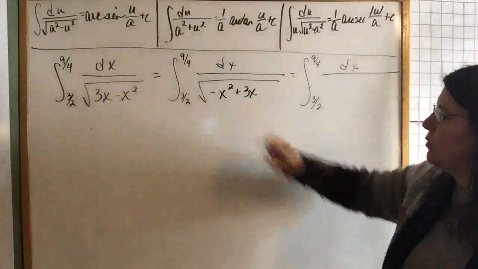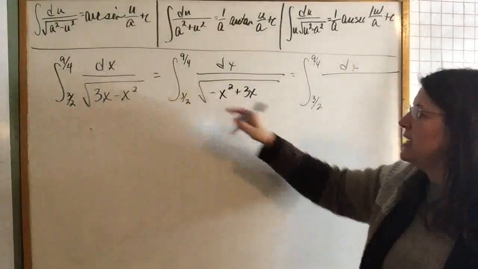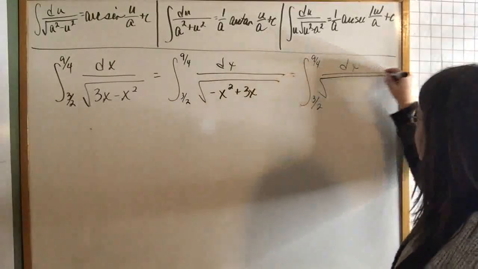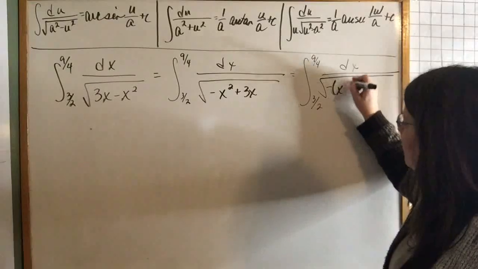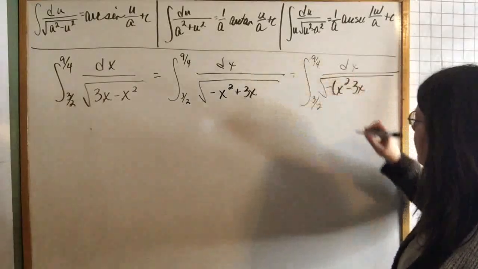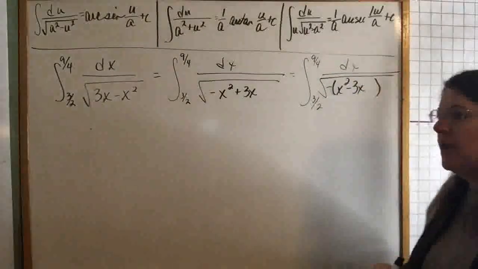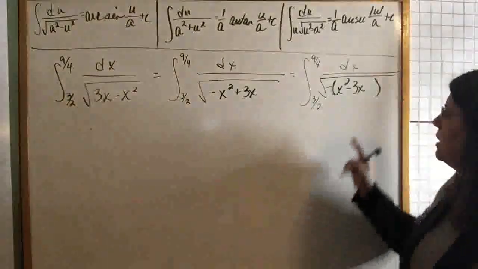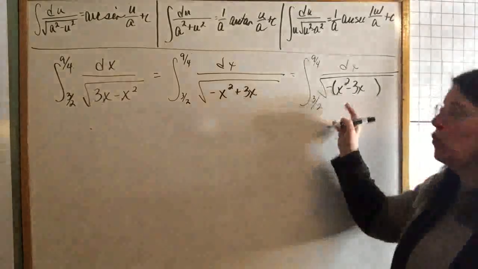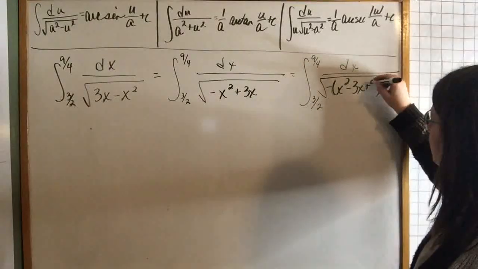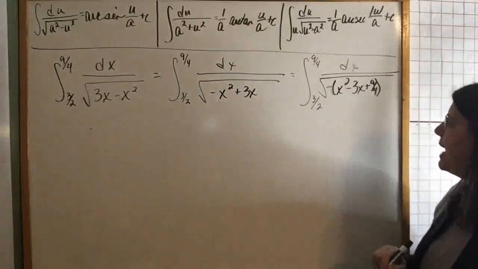And if I complete my square here, I'm going to bring out the negative, which means I now have x squared minus 3x. And then I'm going to complete the square. Well, half of 3 is 3/2, and 3/2 squared is 9/4. So I have a 9/4 that I'm adding there.